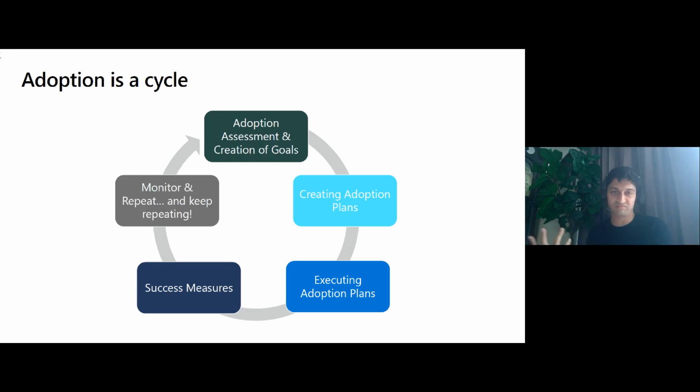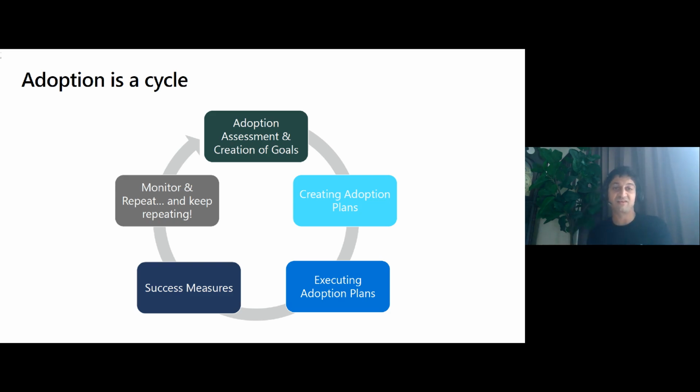So adoption is a cycle, as I think most of us know. Most of us as CSMs create adoption plans, success plans, and so on. It's a very simple process. You decide on what the goals are, you assess, you create the adoption plans, you execute on them, you measure success. I think the key thing is remembering it's a cycle.